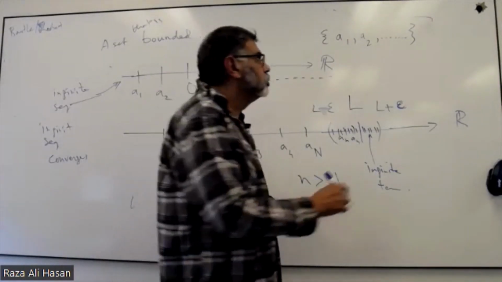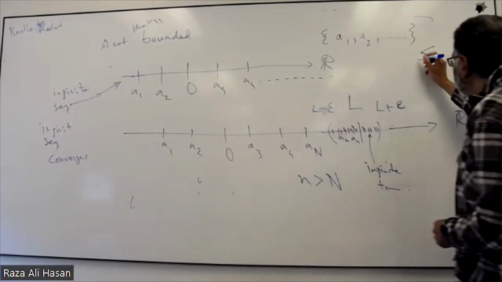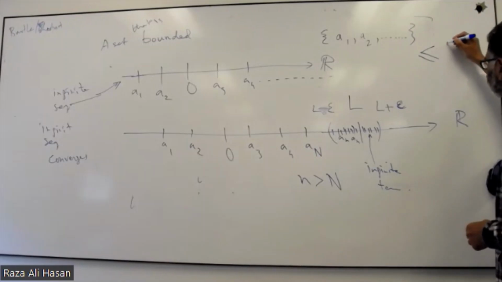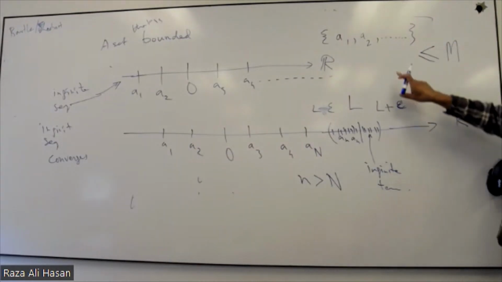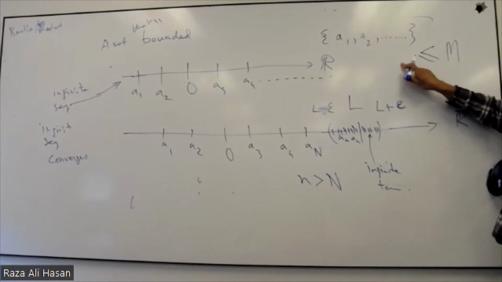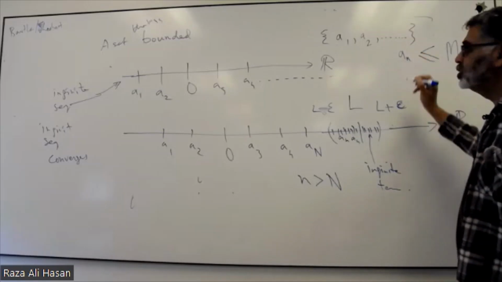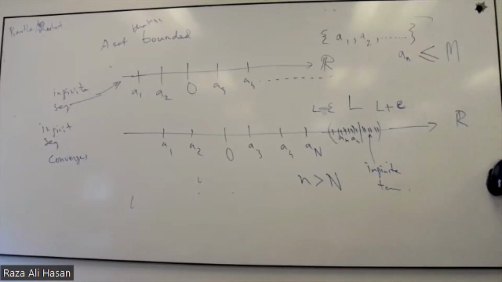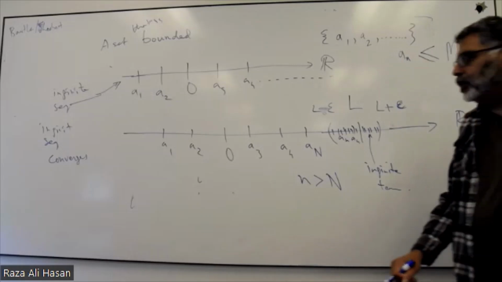We have A sub n equal to or less than M. If M is our upper bound, all the terms of the sequence have to be smaller than or equal to M.